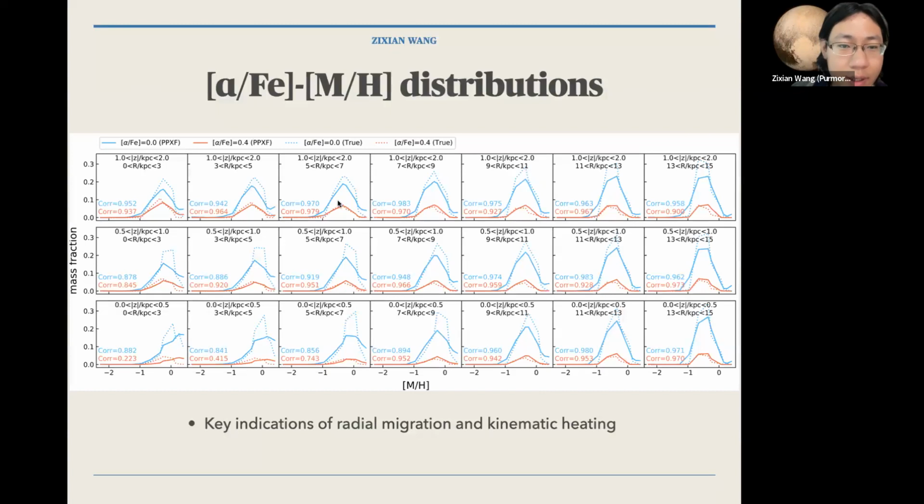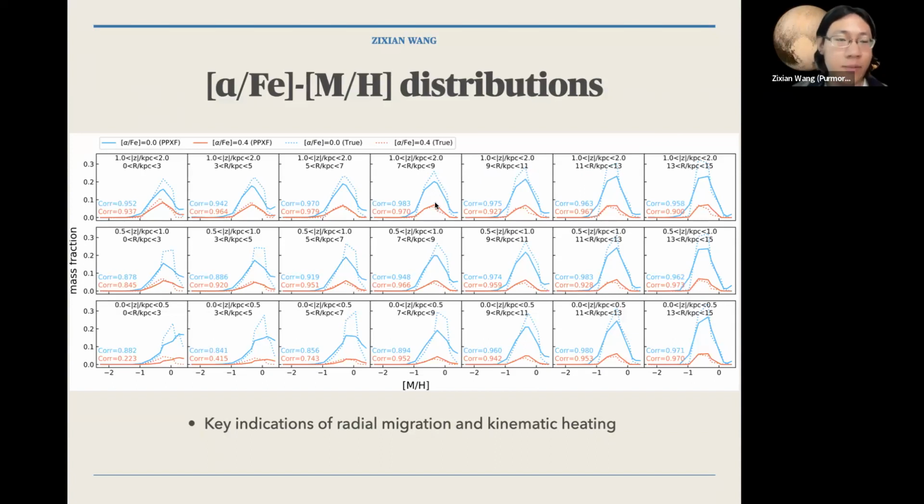But more importantly, if you imagine the alpha bimodality signal is very prominent, you should see the peak of the alpha-poor and the alpha-rich distribution at different positions. Maybe the blue line should be somewhere here and the red line is here, right? This is what you want to see. But with the current metallicity bin distribution in the MUSE templates, it is very hard to see because all the peak positions are the same.